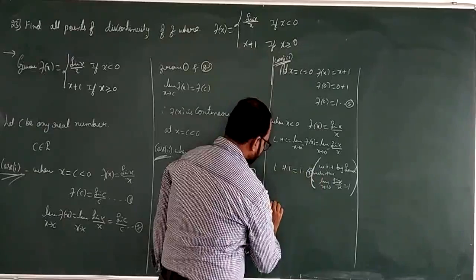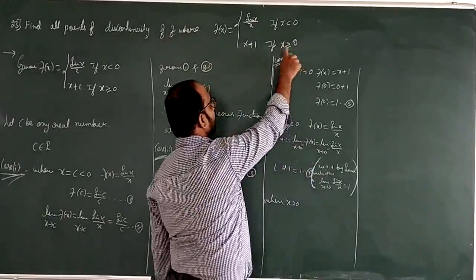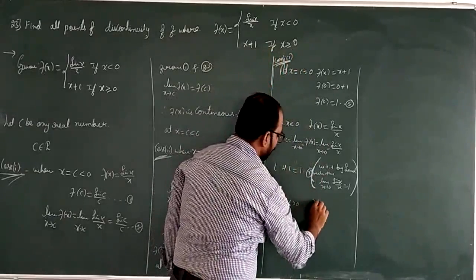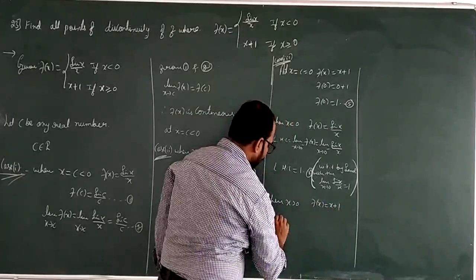Now when x is greater than 0, f of x is equal to x plus 1. Apply limit on both sides.